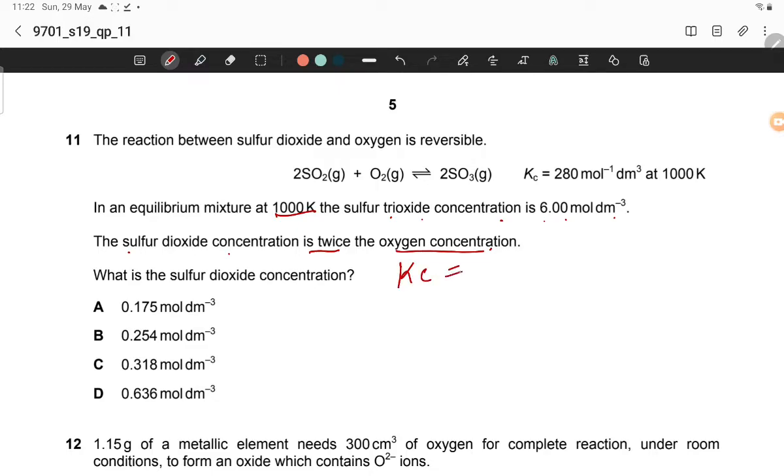Kc is equal to sulfur trioxide squared divided by sulfur dioxide squared times oxygen. Sulfur dioxide concentration is twice the oxygen concentration. If the concentration of oxygen is x, this will be twice of oxygen, so this is equal to 2x.